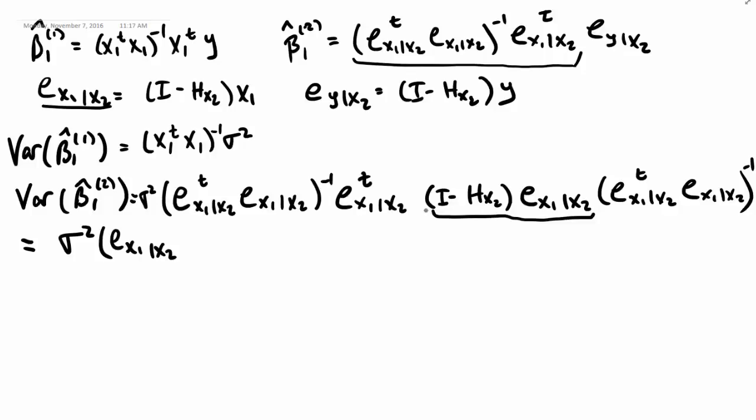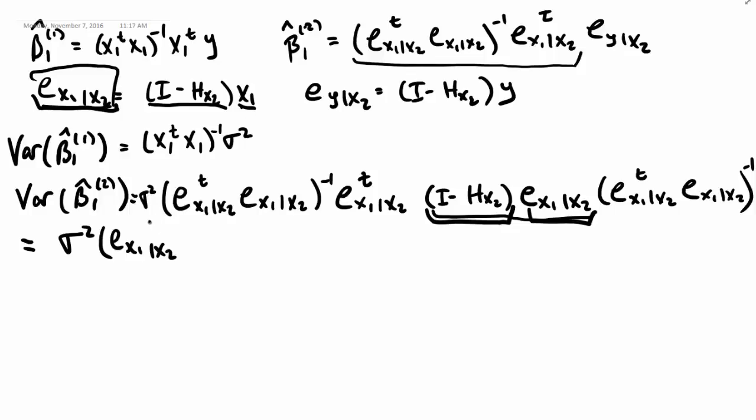Just to remind ourselves, e X1 given X2 is just I minus H of X2 times X1, so multiplying it by another I minus H of X2 doesn't do anything. This is effectively saying that if I project onto the linear space spanned by the columns of X2, and I'm already in that residual space, projecting again doesn't do anything.